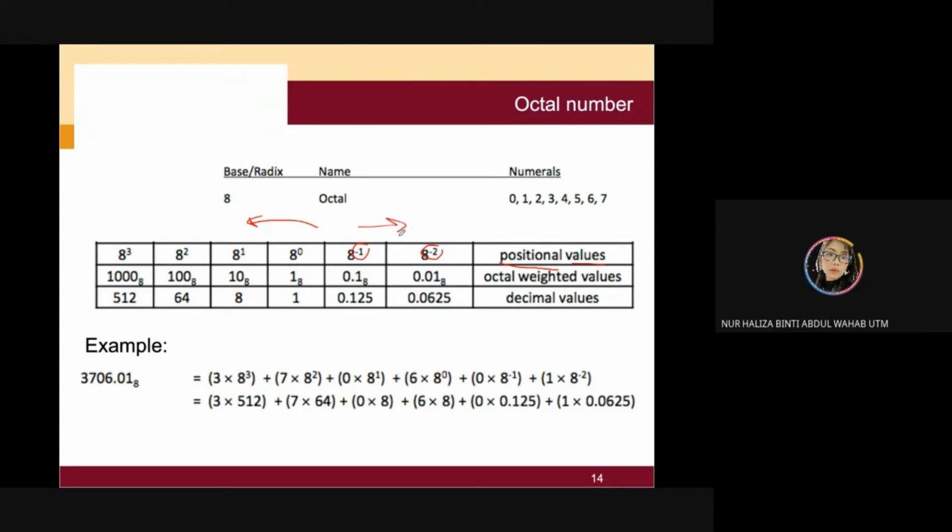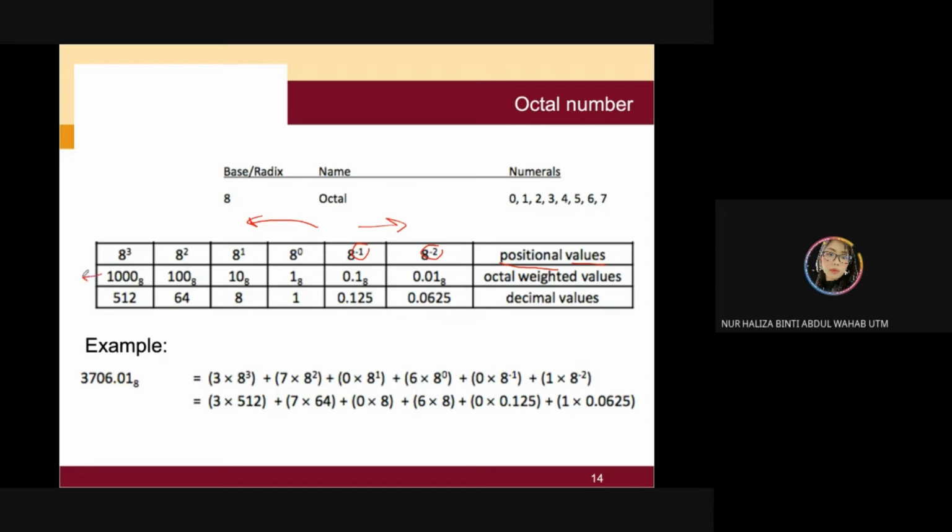And for your octal weightage value, you're going to have 0.01 base 8, 0.1 base 8, 1 base 8, 10 base 8, and so on.